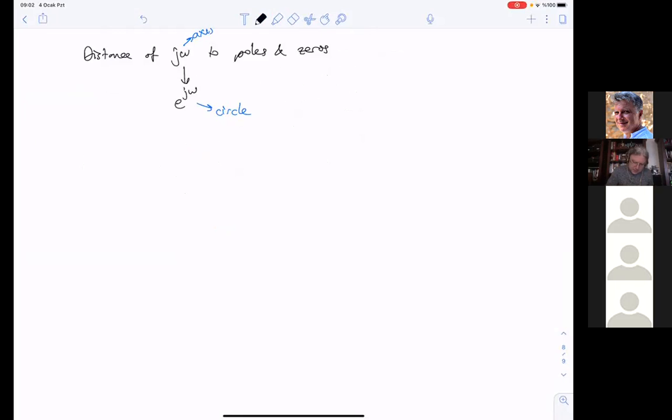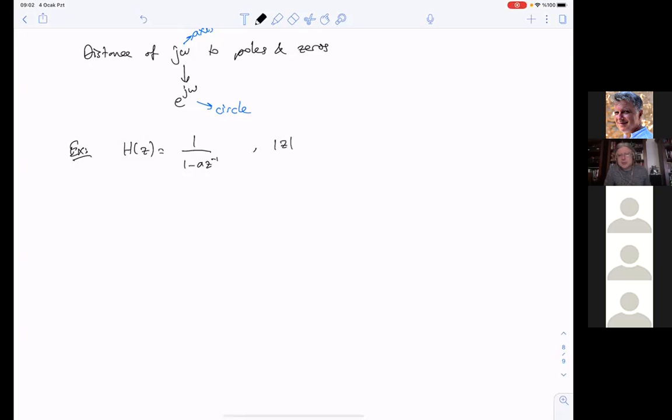Let's think of an example. H of z, let's say, is equal to 1 over 1 minus a z inverse, which is the first example that we solved. Let's also say that the magnitude of a is less than 1. So the unit circle is included in the region of convergence.